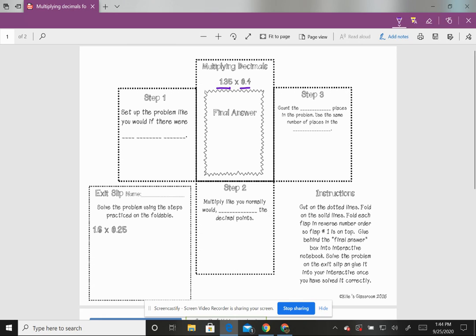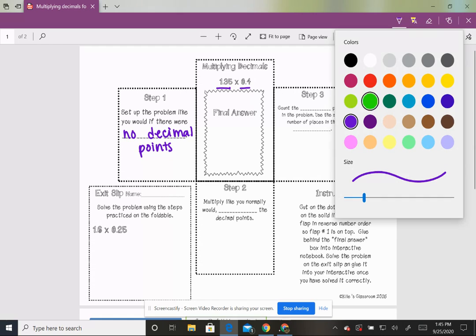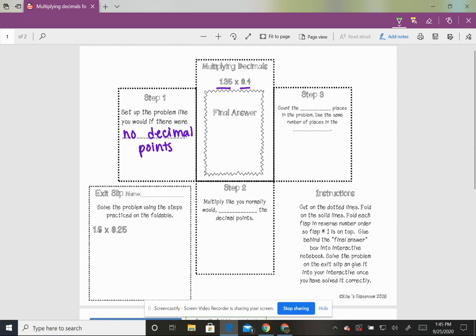We're going to multiply those together. Step 1 tells us we need to set up the problem as if there were no decimal points. Sorry, I kind of ran out of room, so just kind of fill this in with me. The nice thing is, for that very first step, all I'm really going to do is just set up the problem. Now, remember, we are not lining up the decimal points.